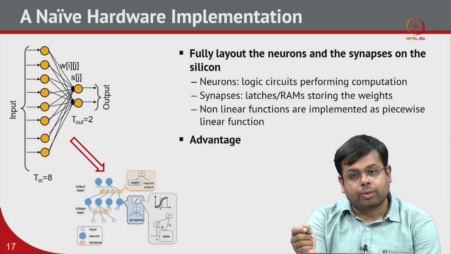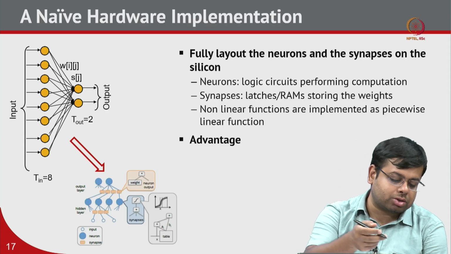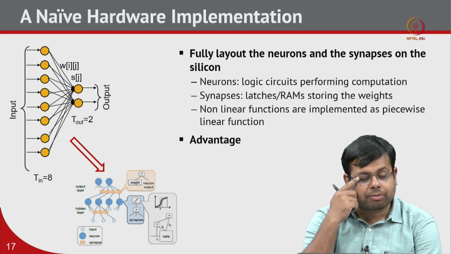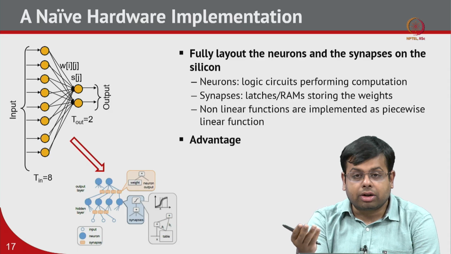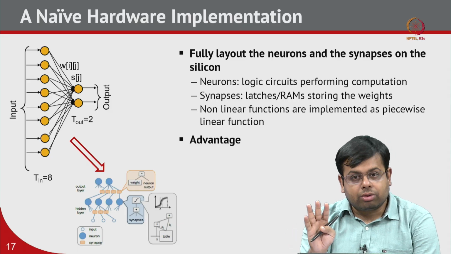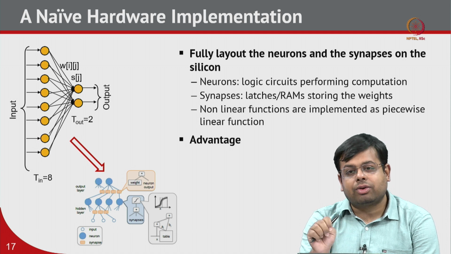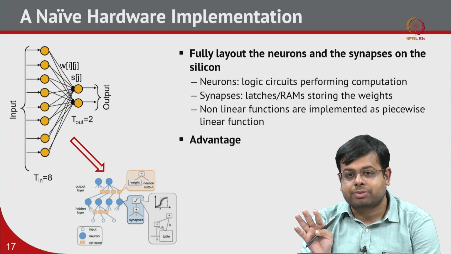Remember when we talked about this fully connected layer, we have neurons, right. Neurons are nothing but they are performing multiply and accumulate, correct. That is the only operation these neurons are computing. Now, one very naive hardware implementation is we can fully lay out the neurons and the synapses on the silicon.